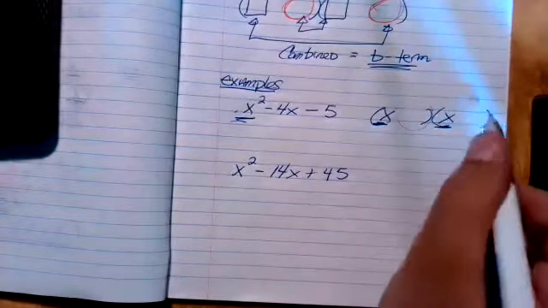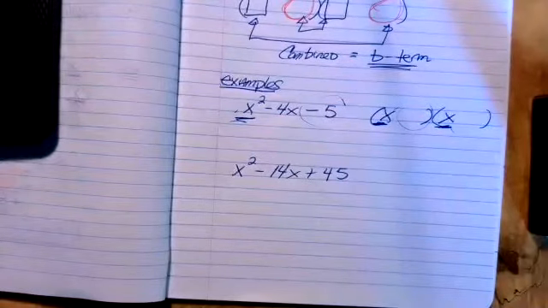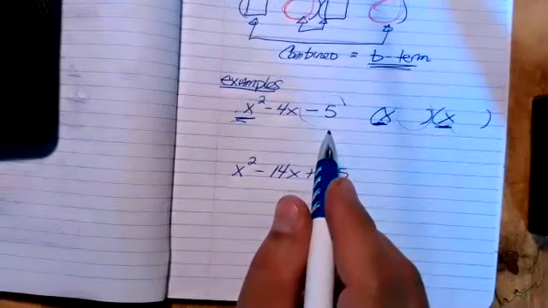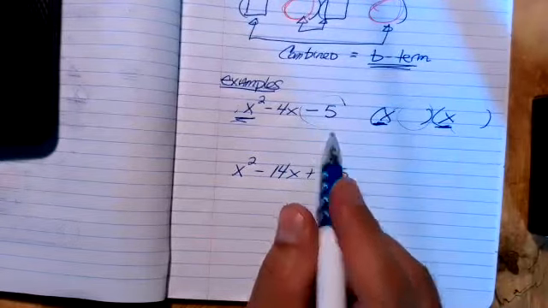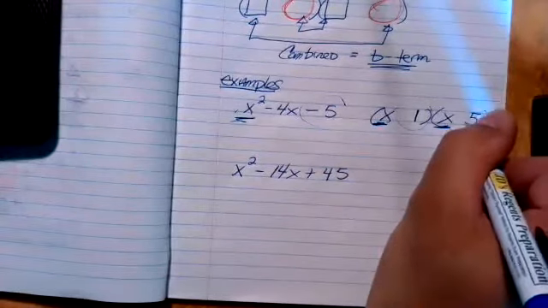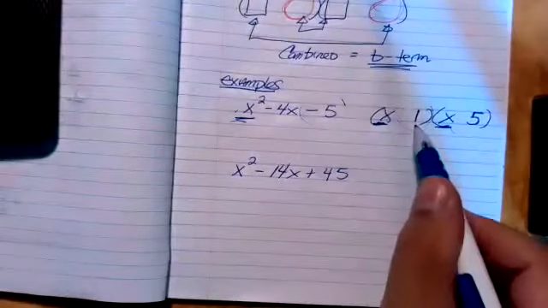What I put over here and what I put over here has to multiply to a negative 5. Well, 5 in this case is a nice number because it's prime. The only thing that multiplies to 5 is 1 times 5. So I look at my inners and outers.